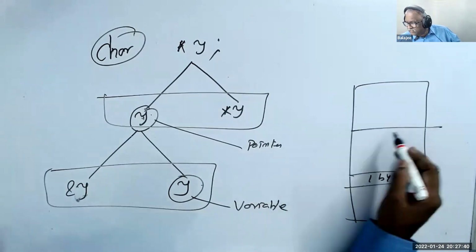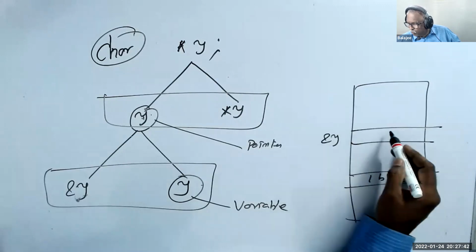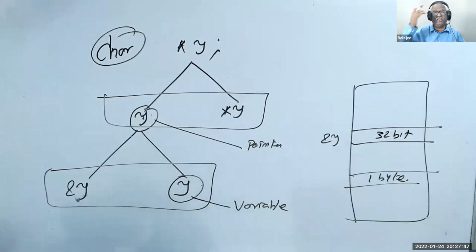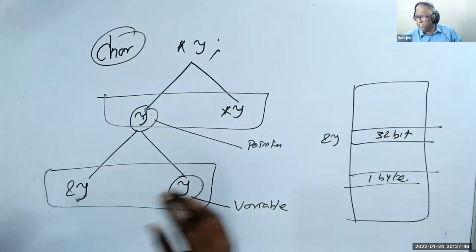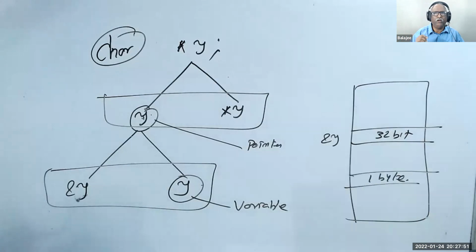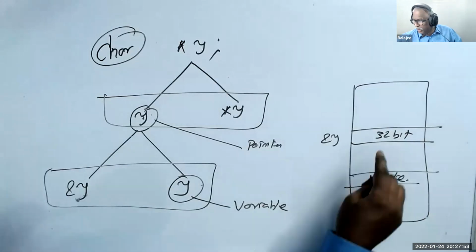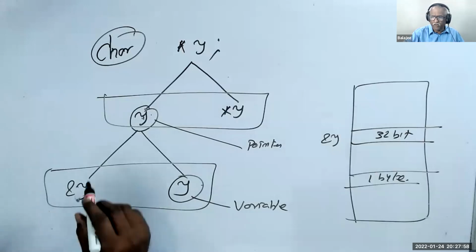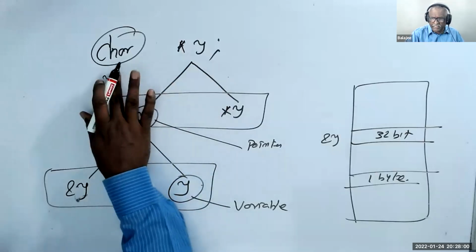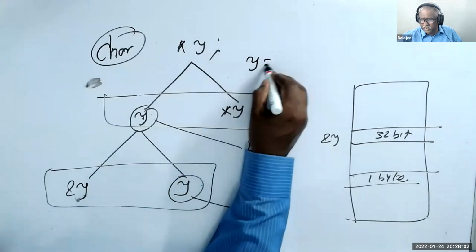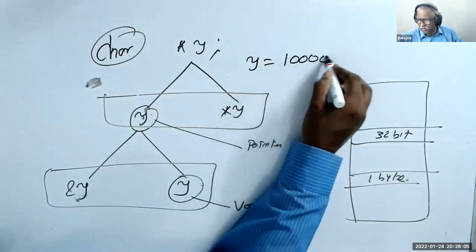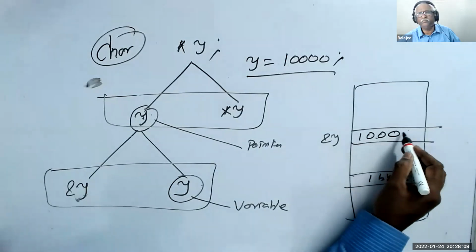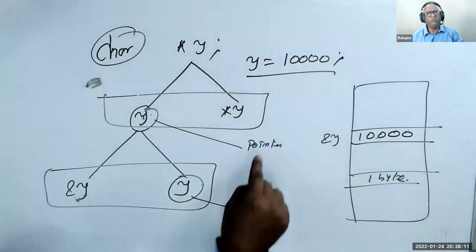So it allocates a space for y of 32 bits, because let us assume that your microprocessor is a 32-bit microprocessor nowadays. So in your memory, you allocated 5 bytes, not 4 bytes. That is the reason when you say y is equal to 10,000, it is saved here, because y is a variable.